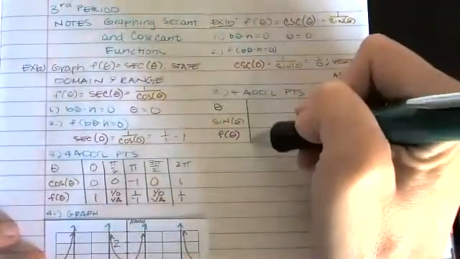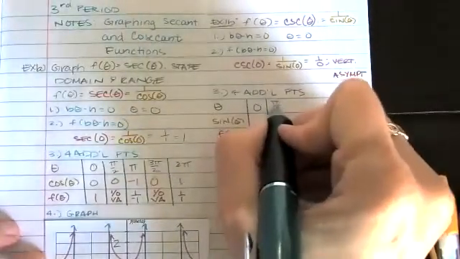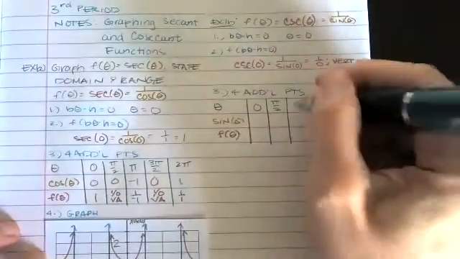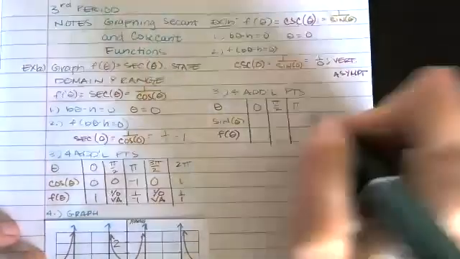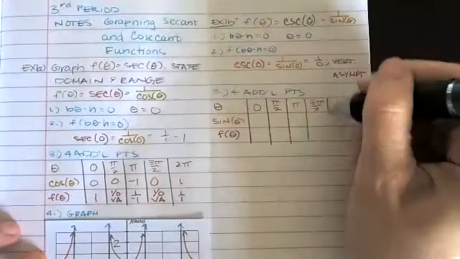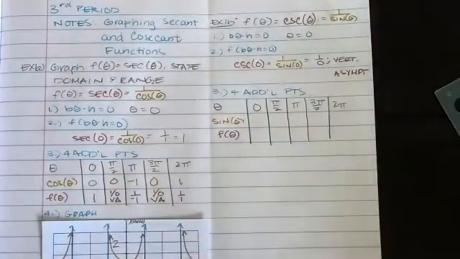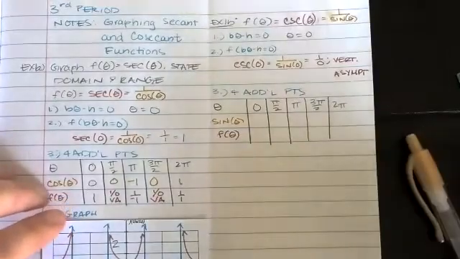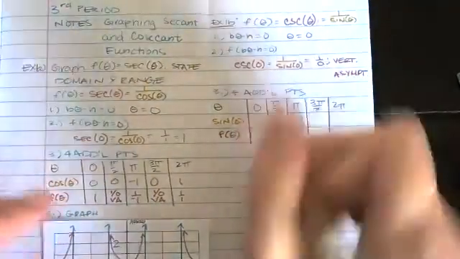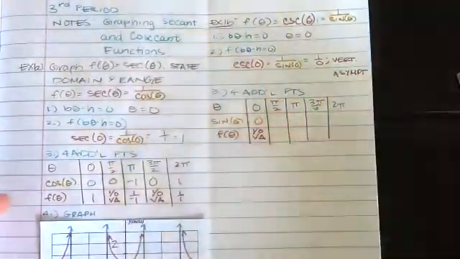So we already used 0 in our first and second step. And now we have to consider pi over 2 and pi and 3 pi over 2 and 2 pi. Okay, so we got this to be 0 and this to be 1 over 0, or a vertical asymptote.